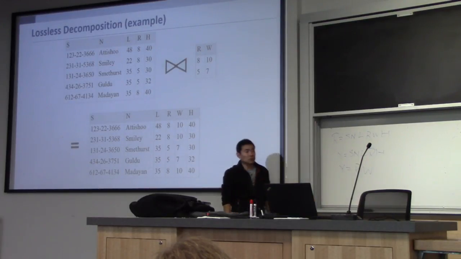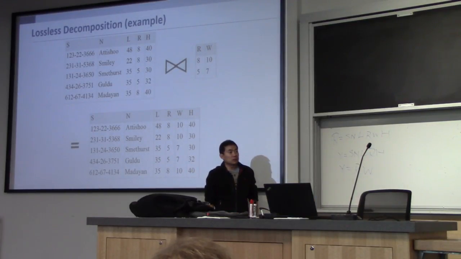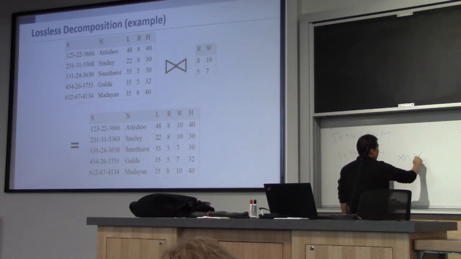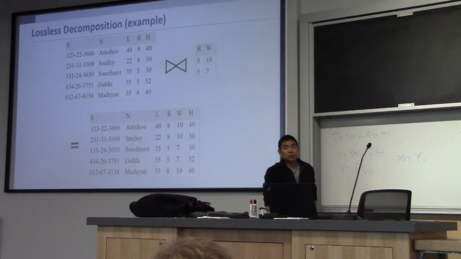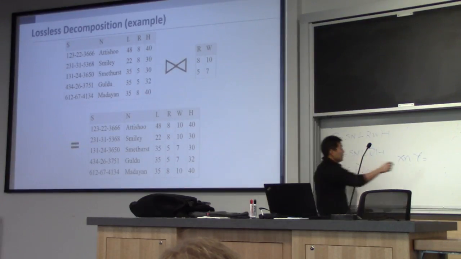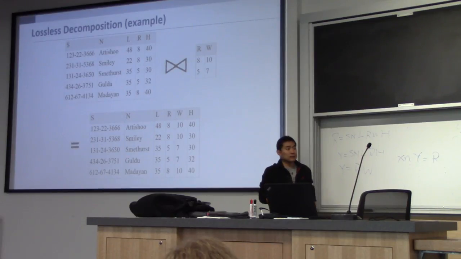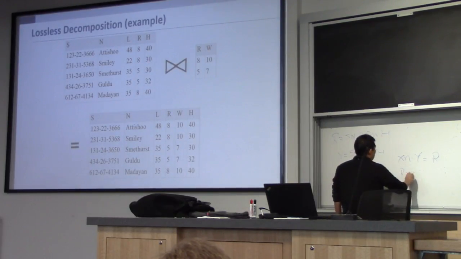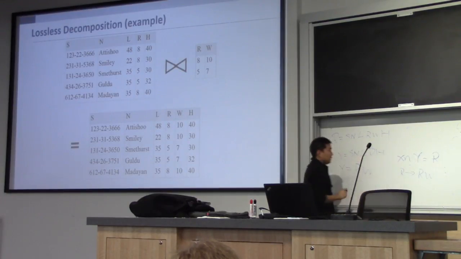Now go ahead. How do you check this is a lossless join decomposition? You do the intersection, and X intersect Y is what? Can you tell me? R, okay. And how do you show this is a lossless join decomposition? Well, R determines R and W. Why is that?